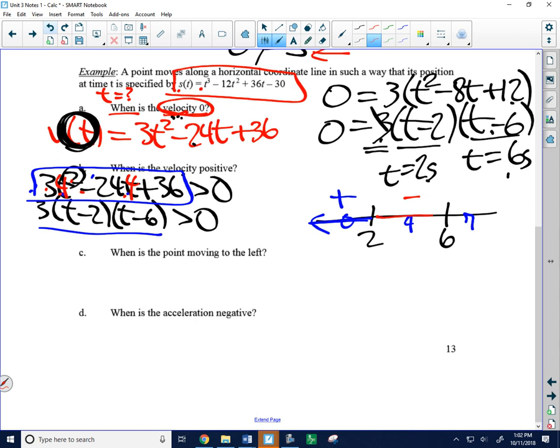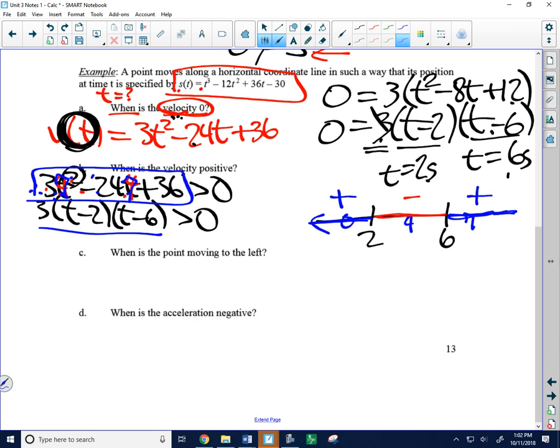And so everything in here would be a negative velocity. That's not what we want. We then plug in 7 for t. So we're going back here, plug in 7. Again, I don't want to take the time, but you plug this in and work it out, and it would be a positive number. So everything to the right of 6 is good.